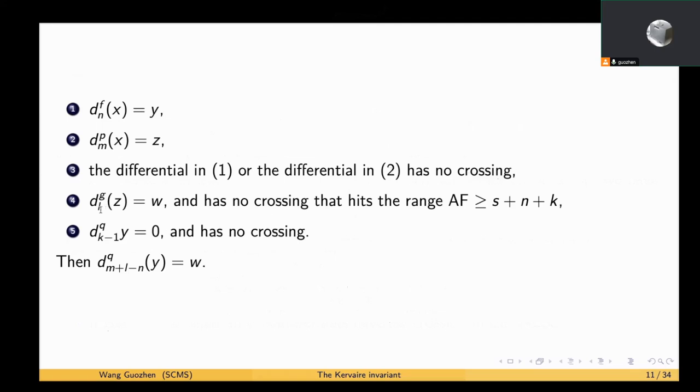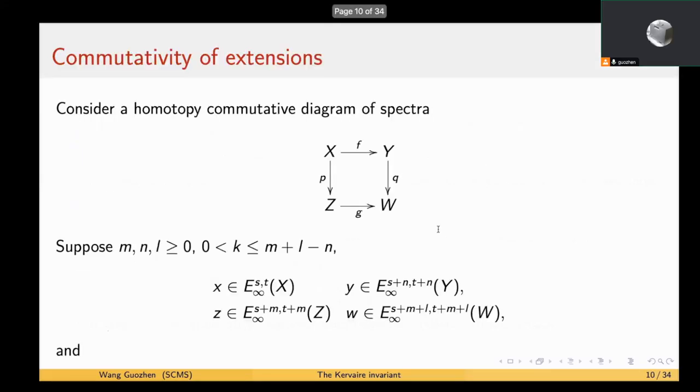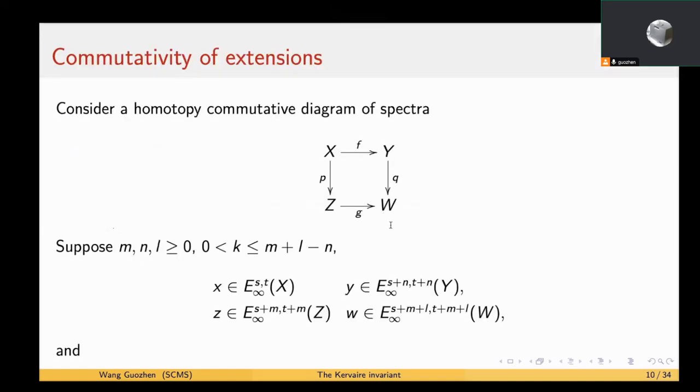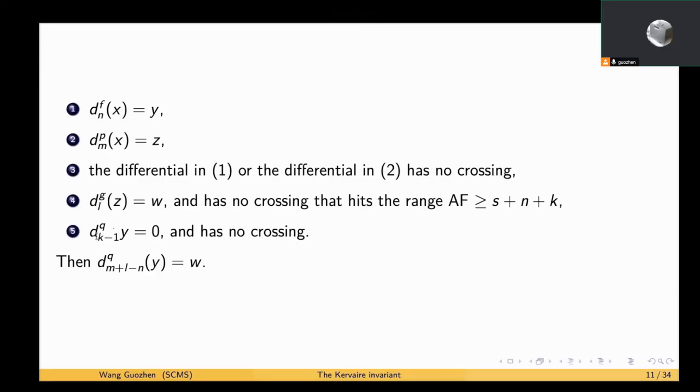And then we also suppose there is a d_l^J extension from z to w, which has no crossing that hits the range of Adams filtration greater than or equal to s plus n plus k. So there is a J extension from here to here. And moreover, we suppose d_{k-1} of Q y equals 0, and that has no crossing. So that means the target of y under Q has Adams filtration at least k higher.